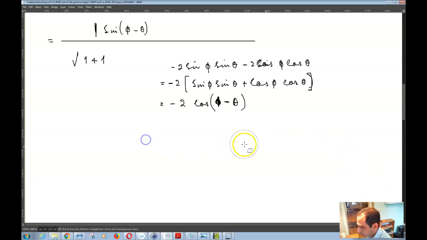Now you have this negative 2 over here, and there is another formula that I remember from here.